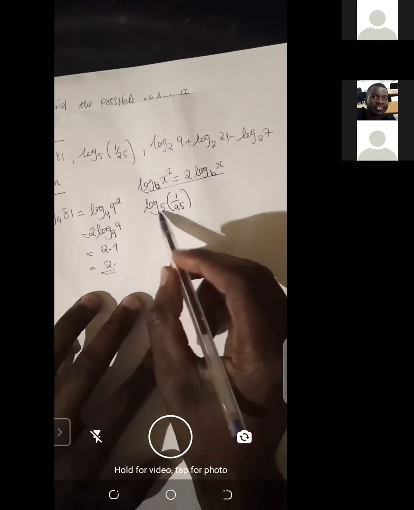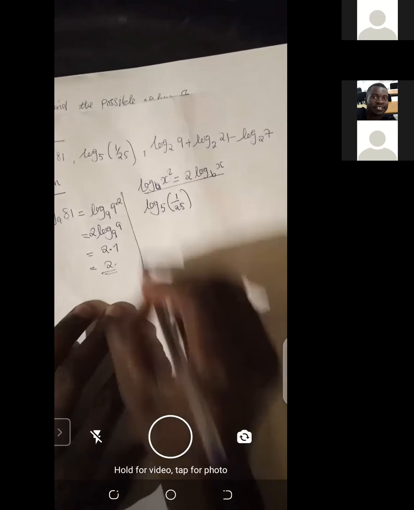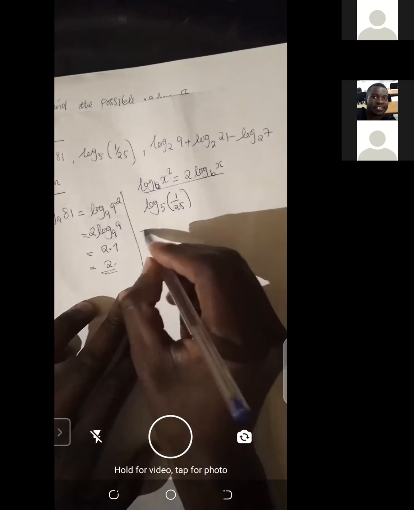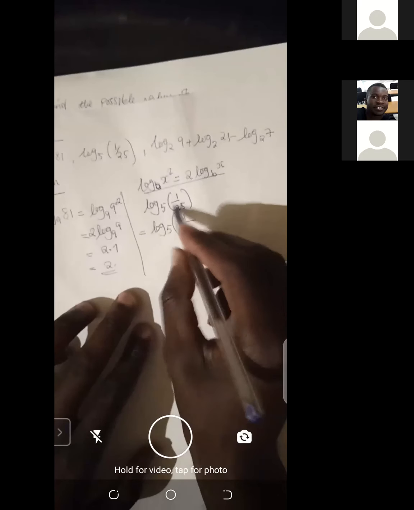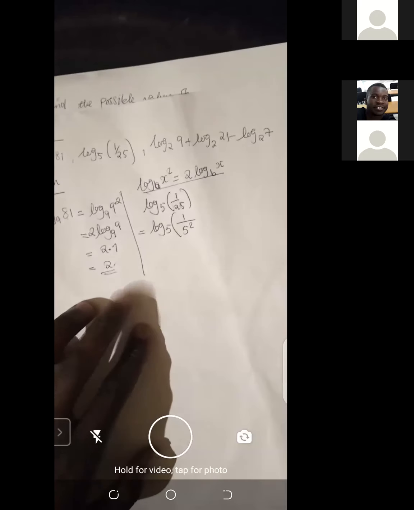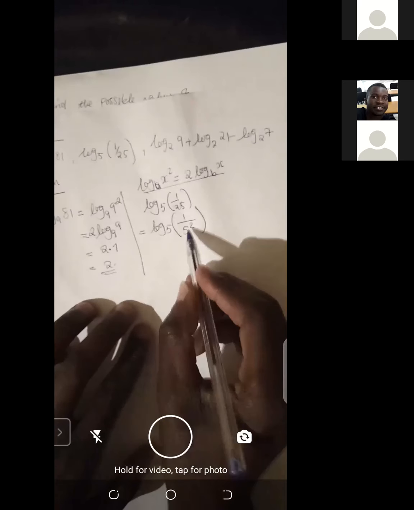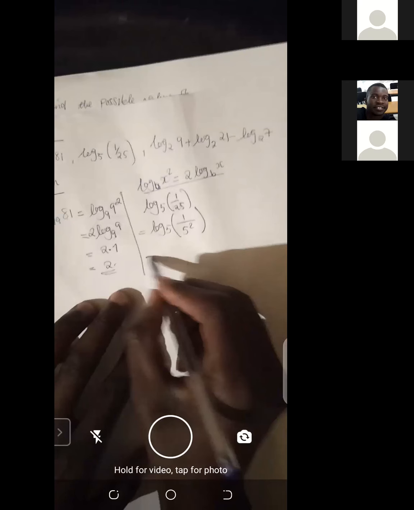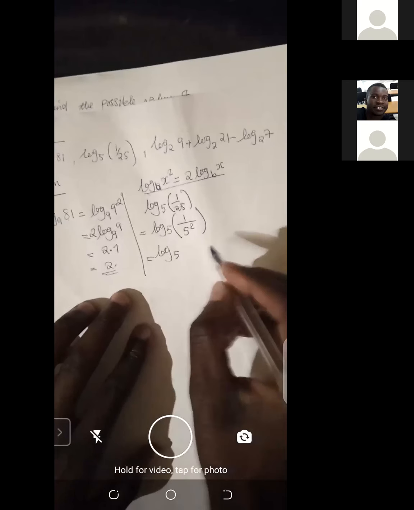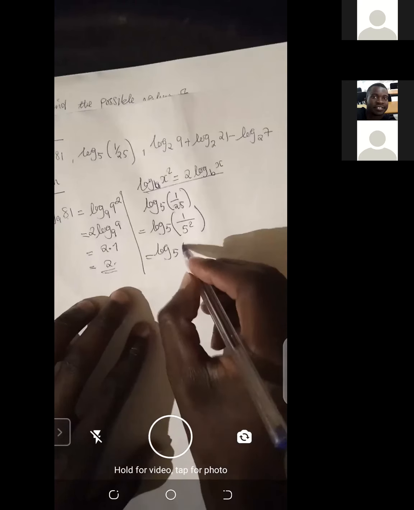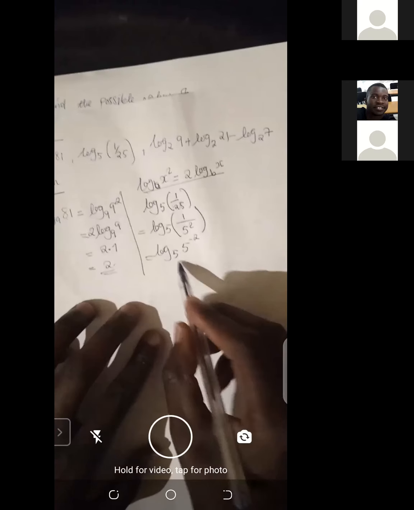So this will be equal to log 5 to the power -2, since 1/25 can be written as 5 to the power -2, to the base 5.